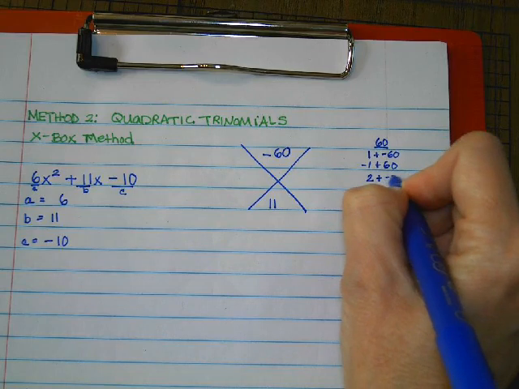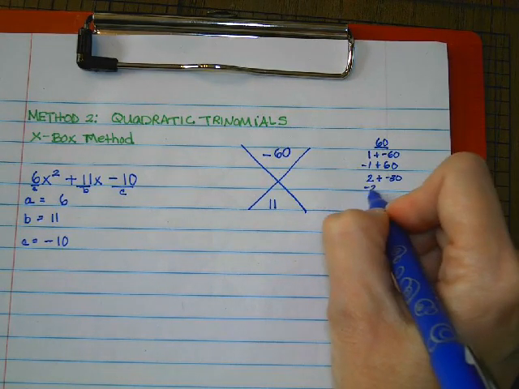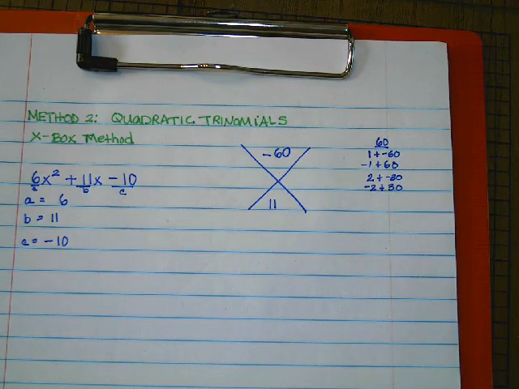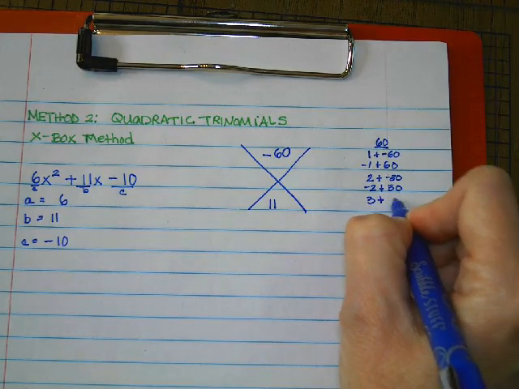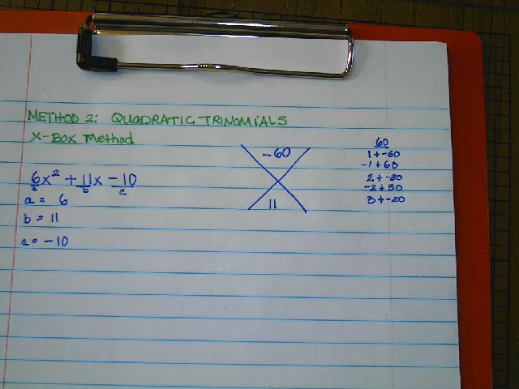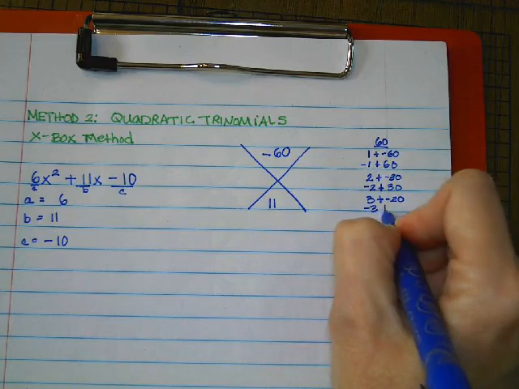Is 2 plus negative 30 equal to 11? No. What about negative 2 plus 30? Is that equal to 11? No. All right, we're going to ask ourselves, is 60 divisible by 3? It is. So we're going to see, is 3 plus negative 20 equal to 11? No. What about negative 3 plus 20?